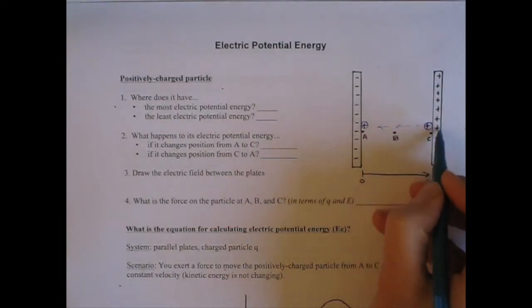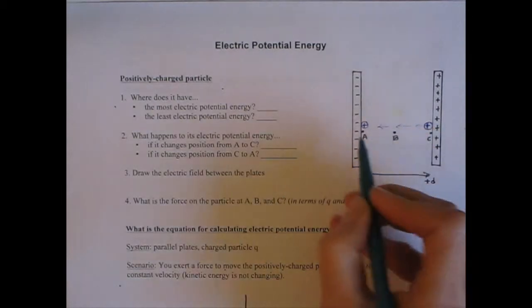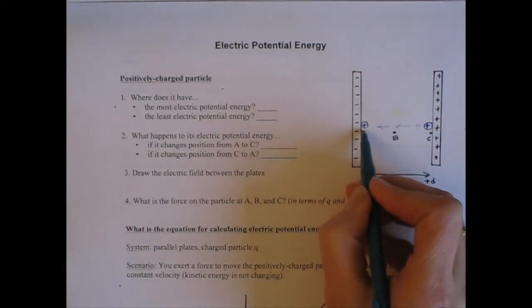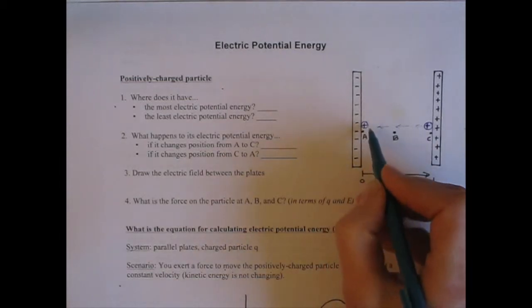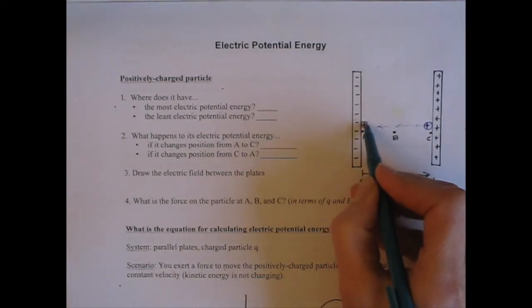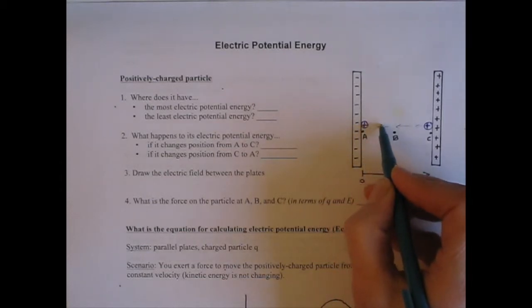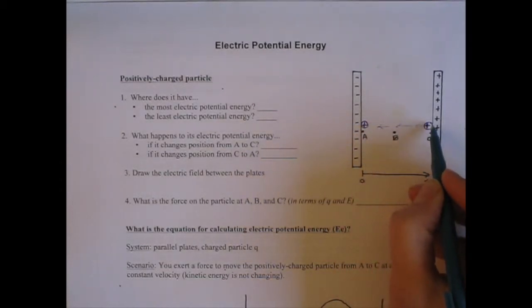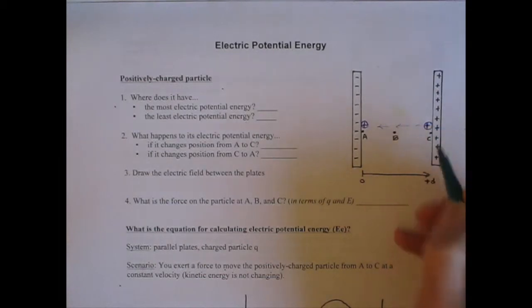So this is going to be the place of highest electric potential energy, near the positive plate, and near the negative plate would be the place of the least electric potential energy. Another way to see that is if you take this positive particle, you would have to exert a force over a distance to get it over here. That's just the same as if you want to lift a ball into the air.